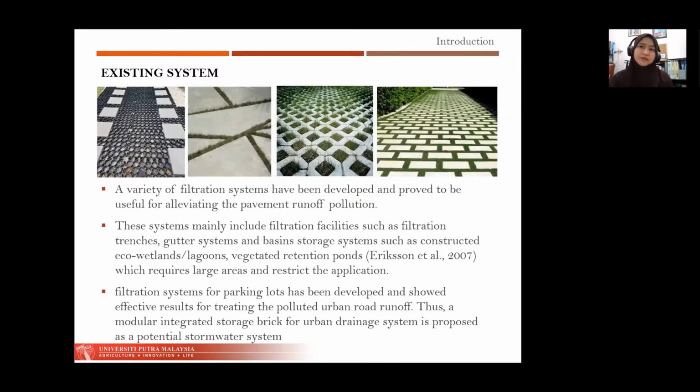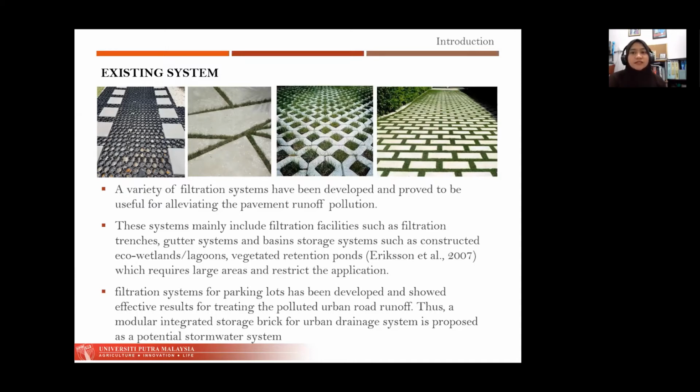A variety of filtration systems have been developed and proved to be useful for alleviating pavement runoff pollution. These systems mainly include filtration facilities which require large areas and thus restrict the application and implementation. Studies mentioned that a filtration system for parking lots has been developed and showed effective results for treating polluted urban road runoff.